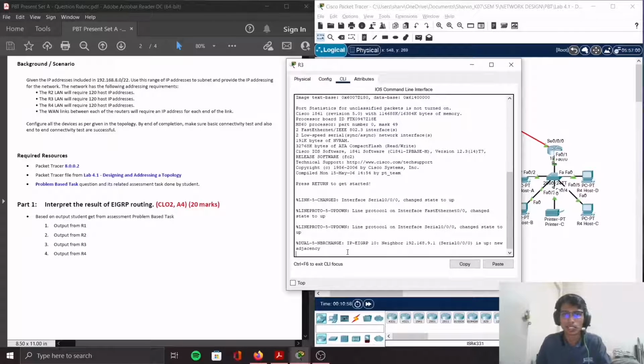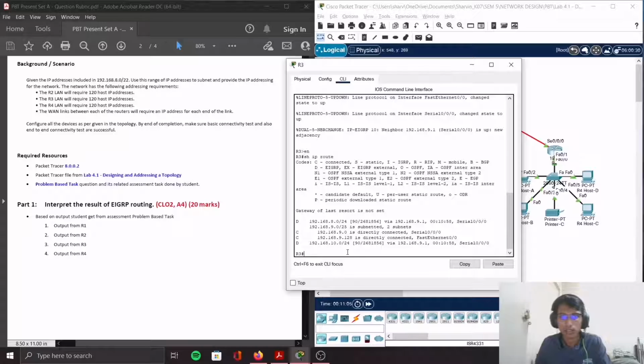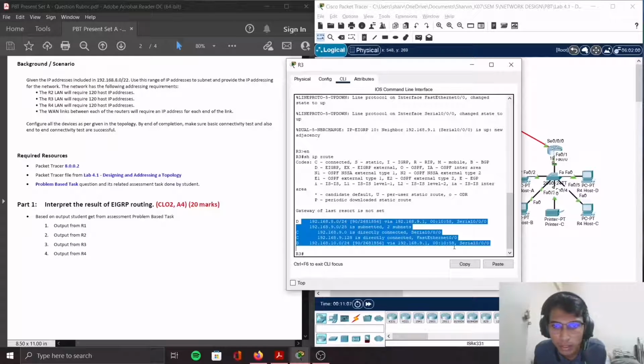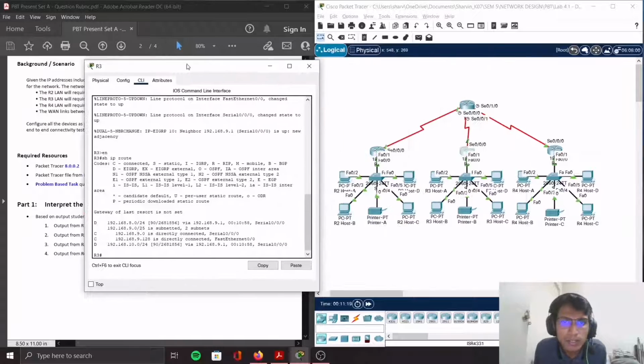Let's go to the output for R3. Same, go to the CLI, give the command enable, then show IP route. You can see two networks are connected through EIGRP and two networks are directly connected in the normal way. The first, the 192.168.8.0 network, is the R1 to R2 connection.